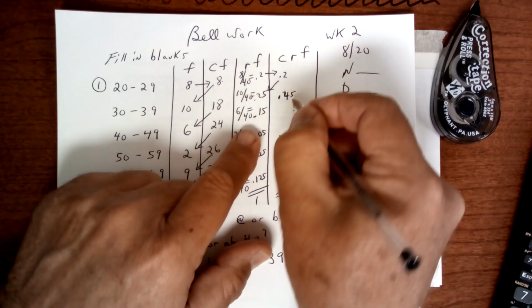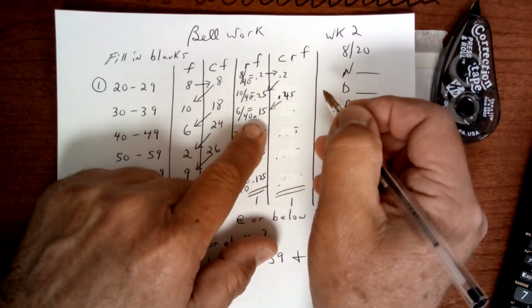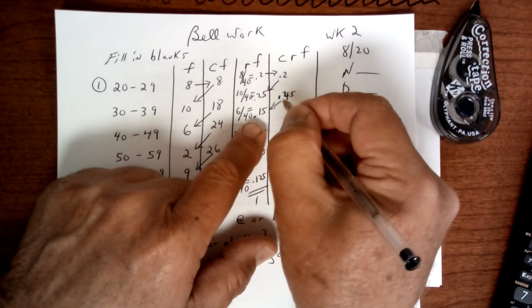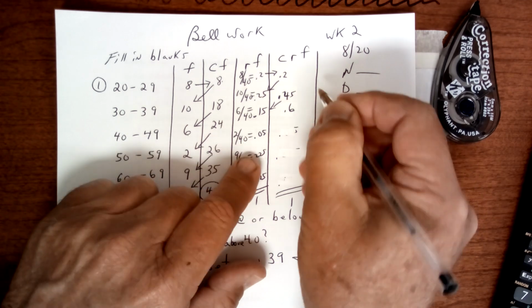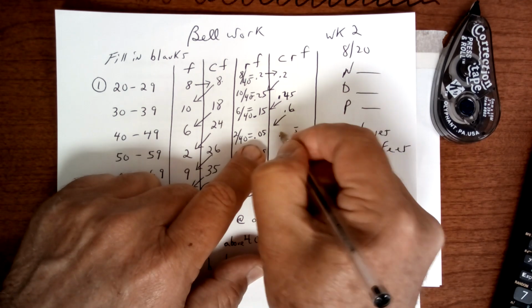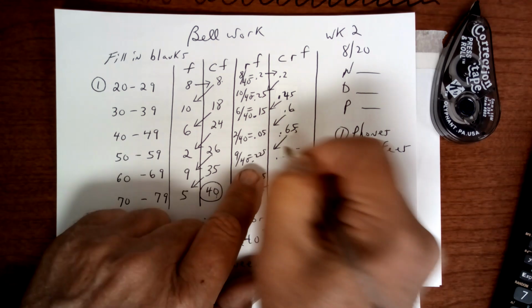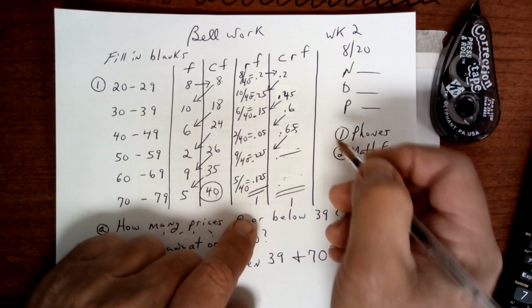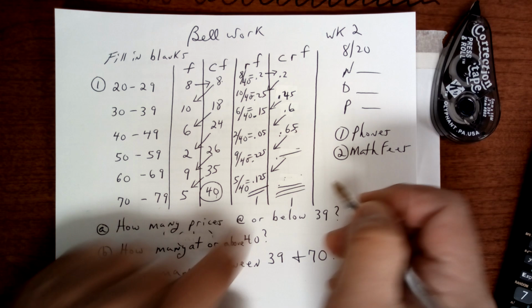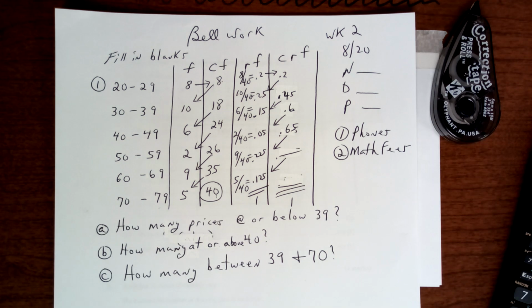And then you add it to this one, 0.6, I think. Then you add it to this one, 0.65. Then you add it to this one. And whatever you get, you put right there, then you add it to this one, and you get right there. And that's the way you do the cumulative, okay?